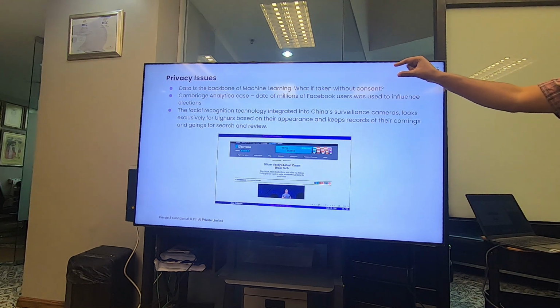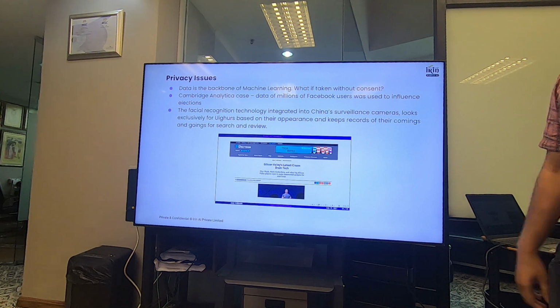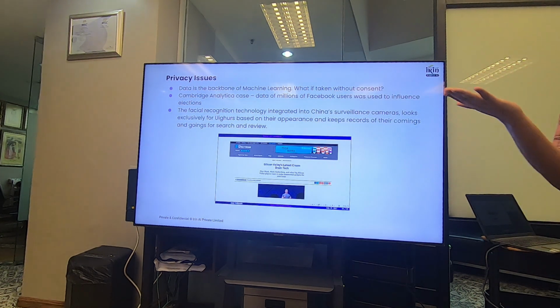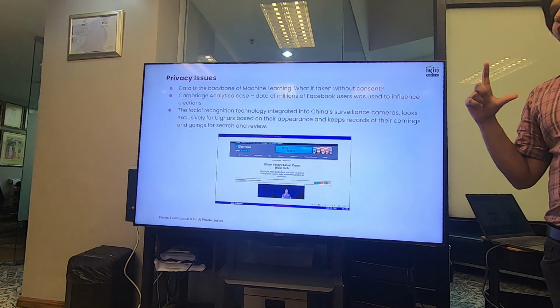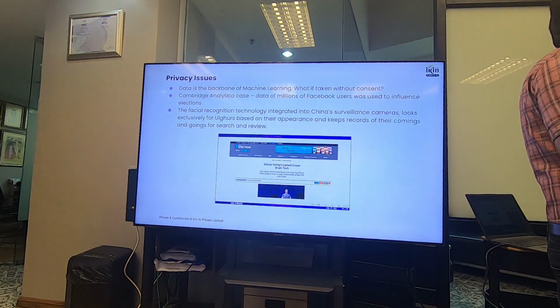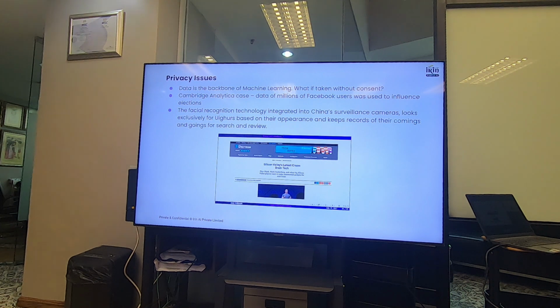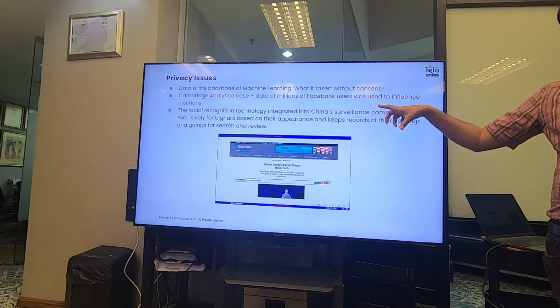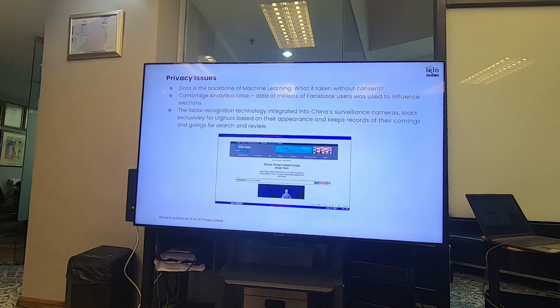So data of millions of users was used to sway the elections. Again, many governments are using facial recognition technology to keep an eye on their citizens, where they are going, what they are doing. So this leads to privacy issues which are wrong.